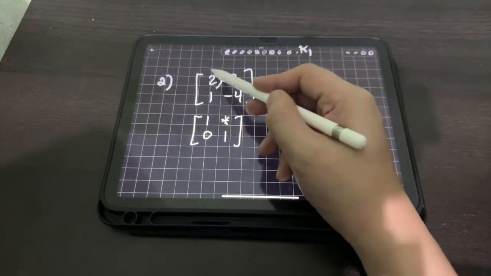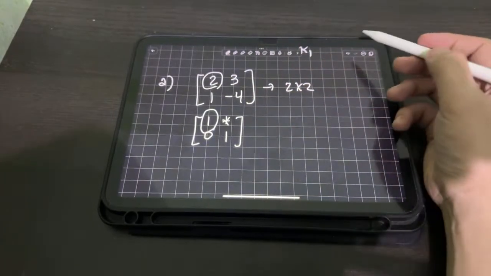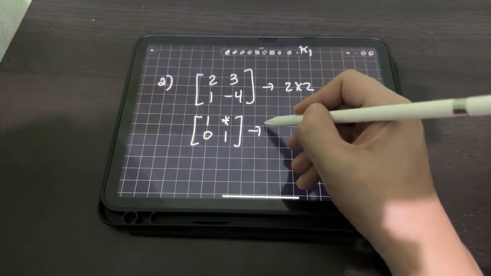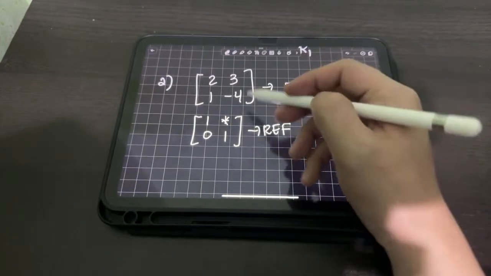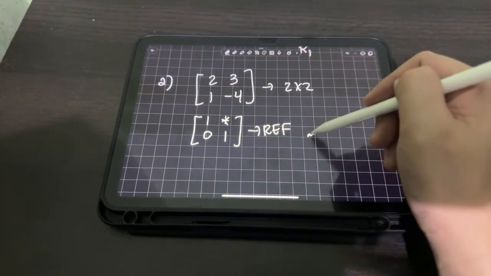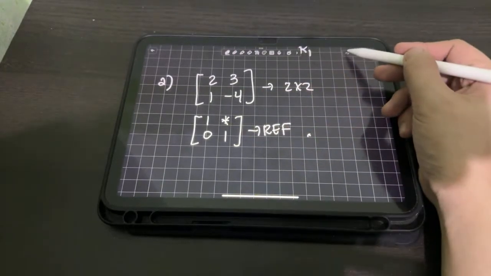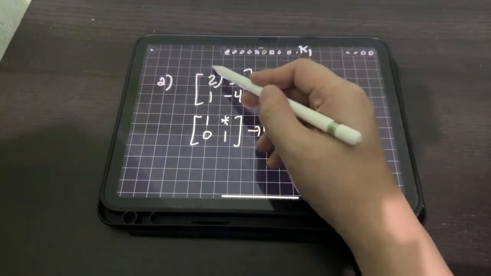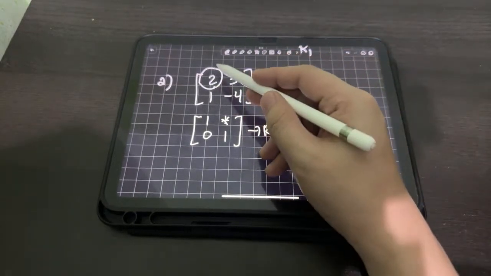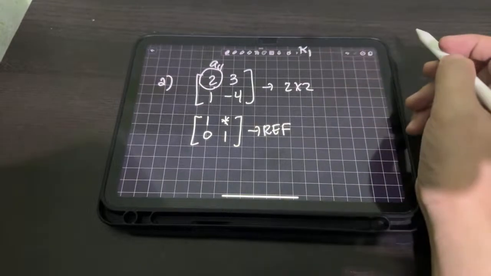The first entry is not yet 1, right? So this is the goal, to make this matrix become REF form. So how can we make the first entry, A11, become 1?